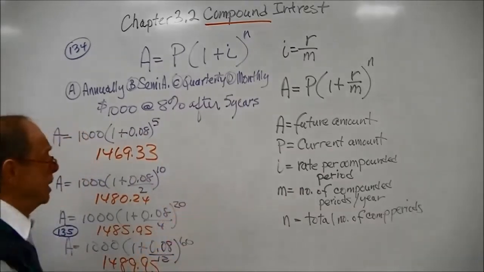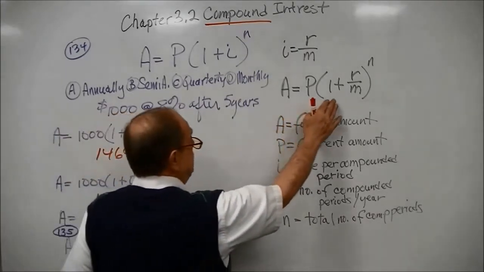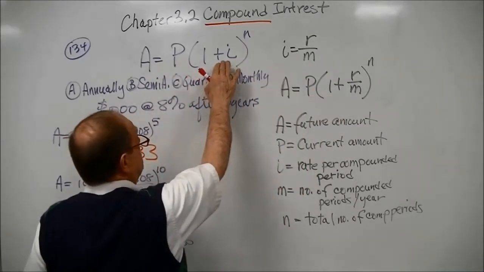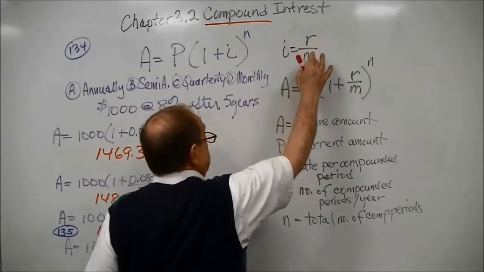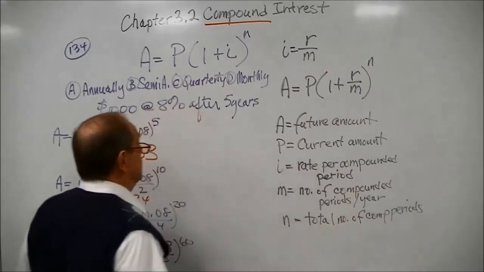And you'll see as we go on just what that means. So I sometimes like to use it in this form, but this is the major form, keeping that i is the rate divided by the number of times it's going to be compounded.